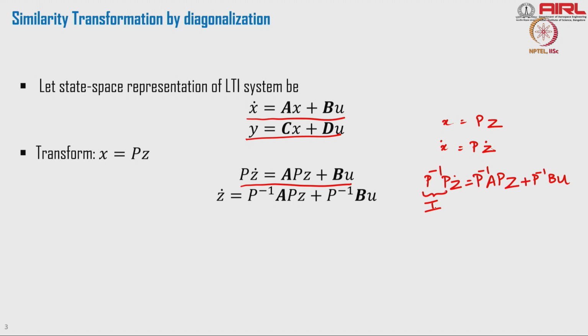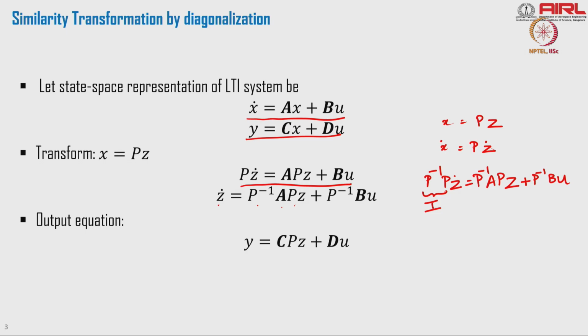So we end up with z dot equal to P inverse A P z plus P inverse Bu, and the output equation, if we substitute x equal to Pz, it just becomes y equals CPz plus Du.